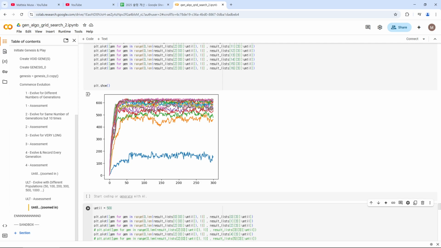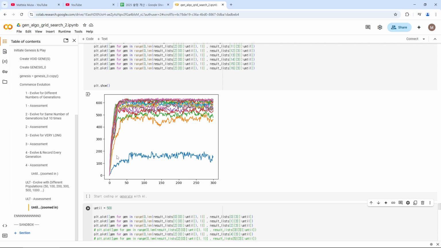Of course, there is still something that I need to talk about in later videos concerning this, but as far as this Jupyter notebook is concerned, that's all I can say.